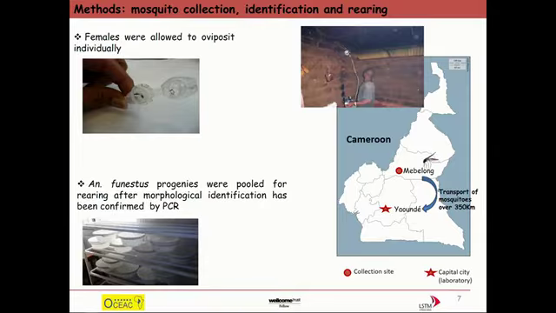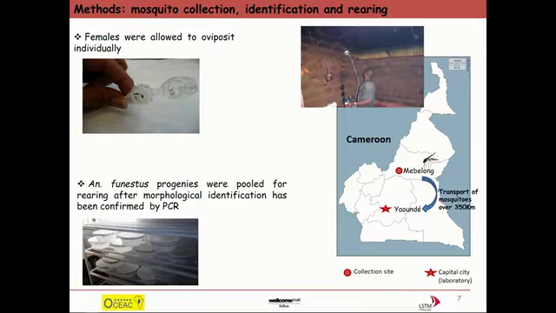So what we did is we collected mosquitoes in Cameroon at a site situated in a humid savanna area, and we used electric aspirators to collect mosquitoes inside houses. After collection, we transported the mosquitoes to the insectary over 350 kilometers in a cooling box.